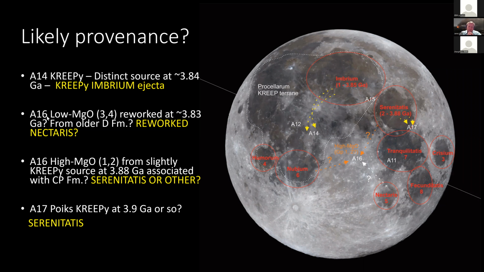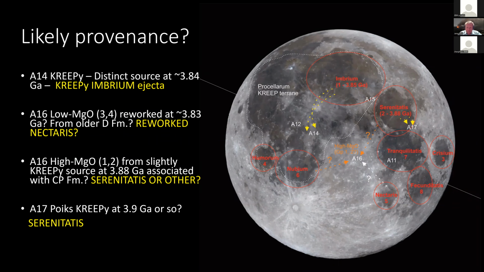For the Apollo 16 low MgO rocks, these are reworked, and this could be coming from Nectaris, far from the KREEP terrain. Distinct impactor, remember, very distinct from Imbrium. And at the Apollo 16 site, where the high MgO rocks occur, this could be from Serenitatis.